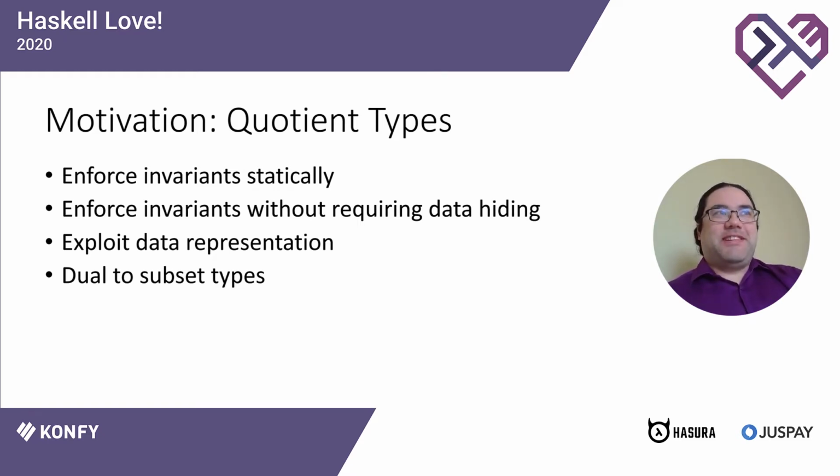And part of that secret category theory is that this is a dual concept in the categorical sense to the notion of subset types. So this is the main thing I want to talk about, since this is probably most interesting and relevant to the Haskell community, and probably closest to something that you could potentially use more or less today, though it's not something that you can just grab GHC and start using, but I'll talk about that a little bit.